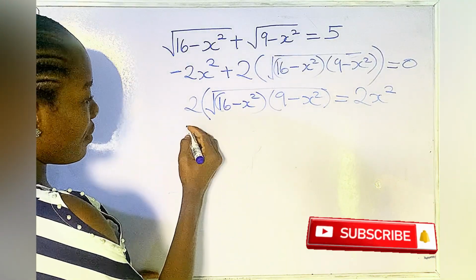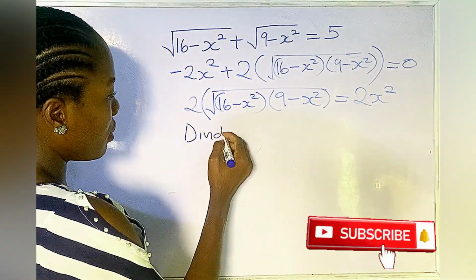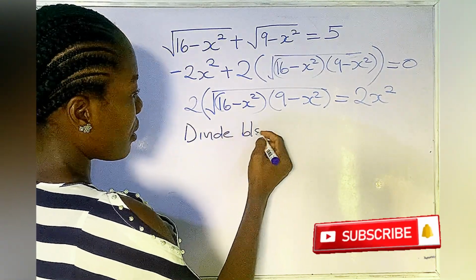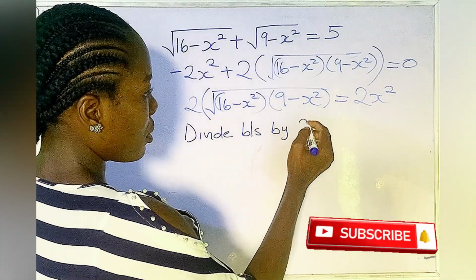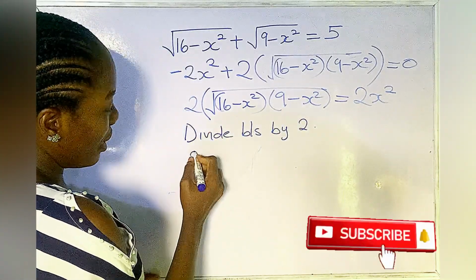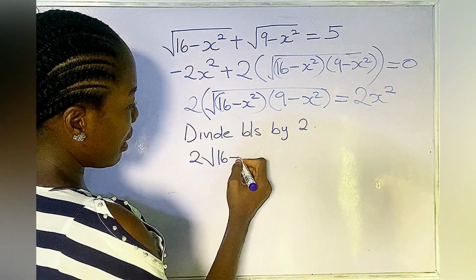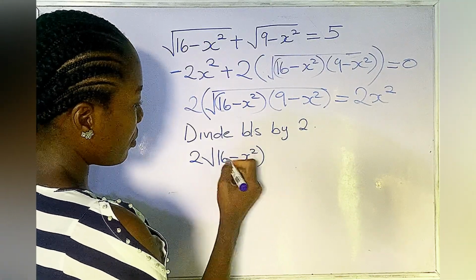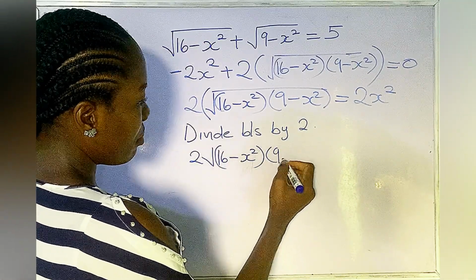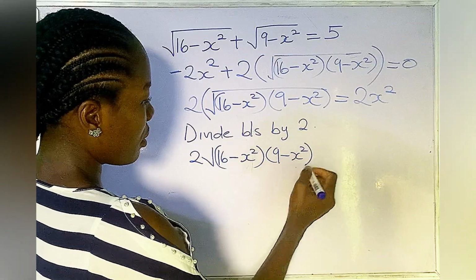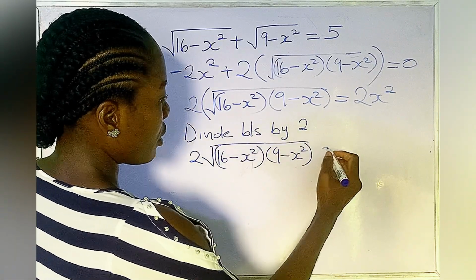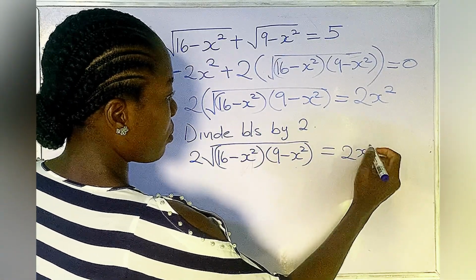Okay, so let's divide both sides by 2. So we'll have 2 root of (16 minus x squared)(9 minus x squared) is equal to 2x squared.